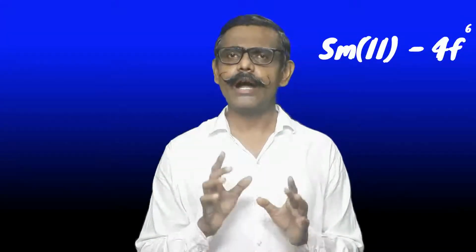Accordingly, samarium also shows the +2 oxidation state. For europium we can understand, but what about samarium? So there are many other things which we have not considered. Only electronic configuration is not a solid base to explain the oxidation states.